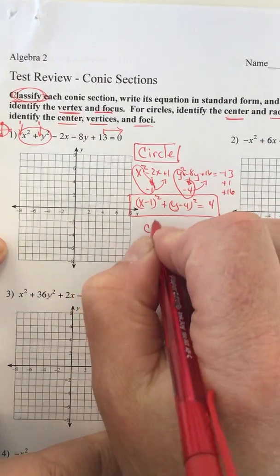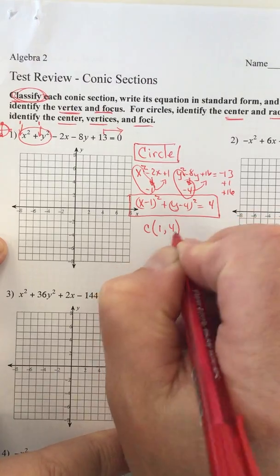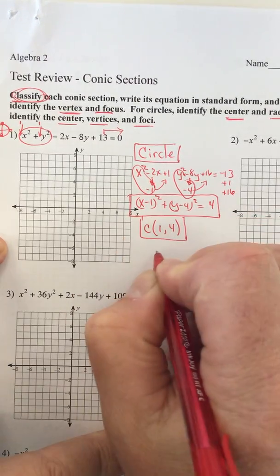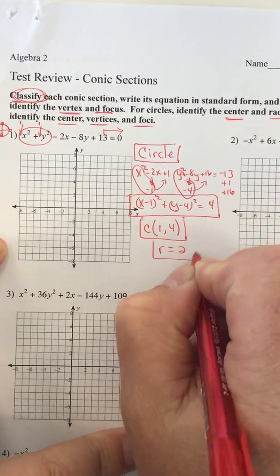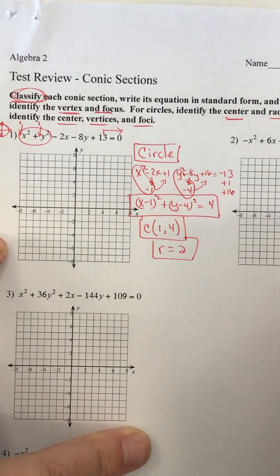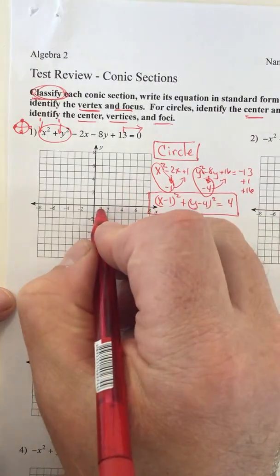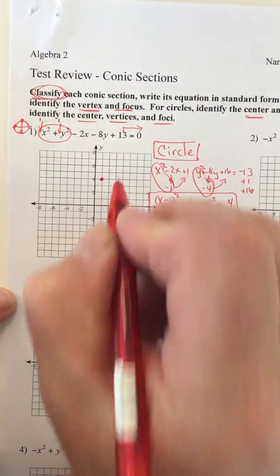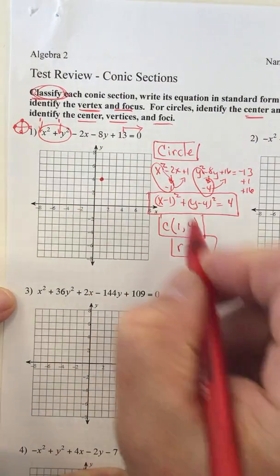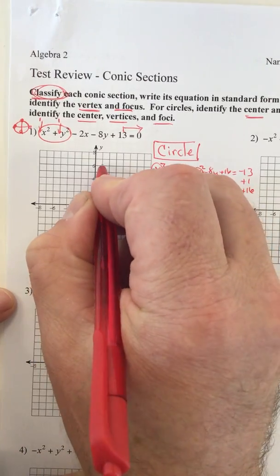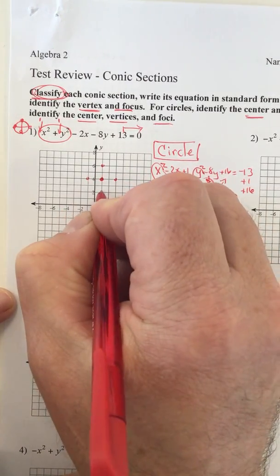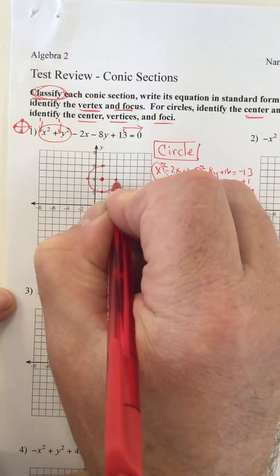So we now know that the center is at 1, 4, and the radius is 2, the square root of that. Okay, so there's the information, and now let's graph it. 1, 4. The radius is 2, so it's going 2 over, 2 up, 2 over, and 2 down. There's the graph.